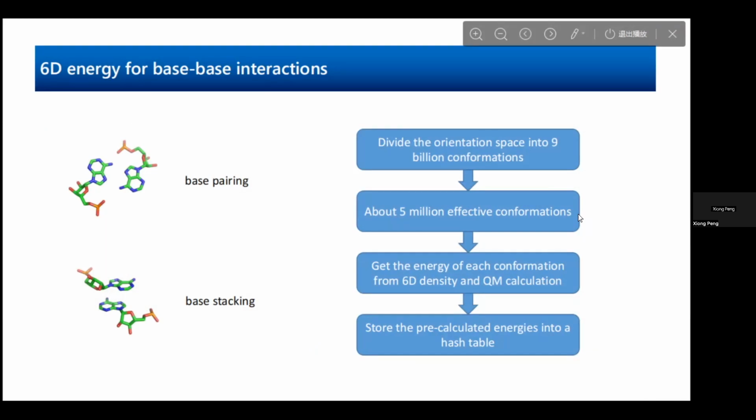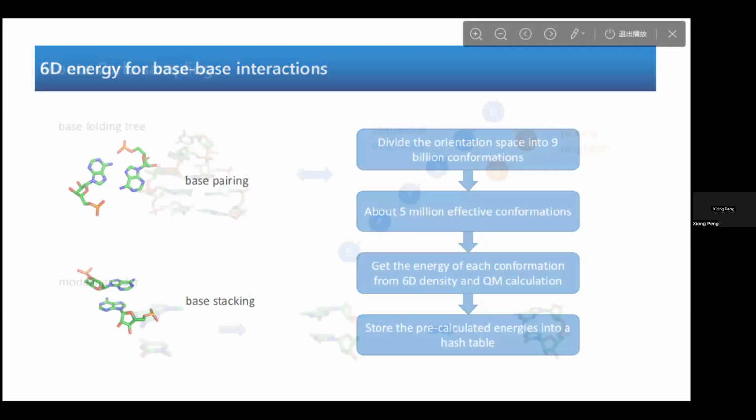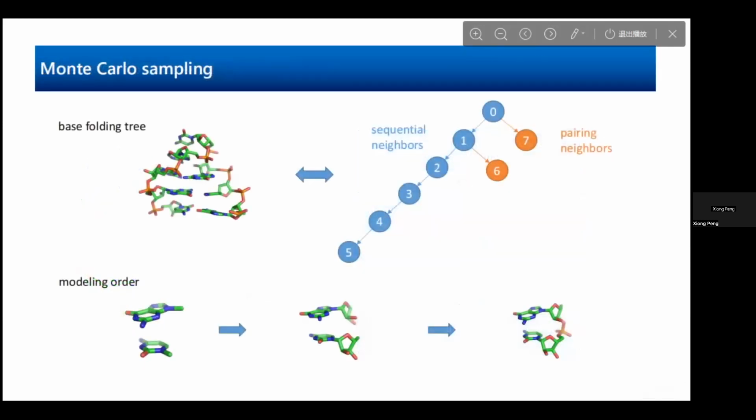First, we divide the orientation space into 9 billion conformations, and we calculate about 5 million effective conformations, calculate their energies, using a combination of density estimation and quantum mechanics. And these pre-calculated energies were put into a hash table for our structure sampling. So here is our sampling strategy.